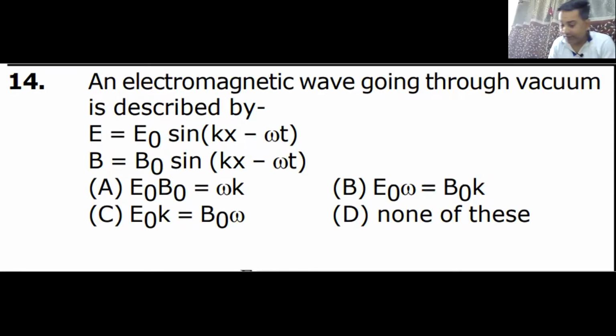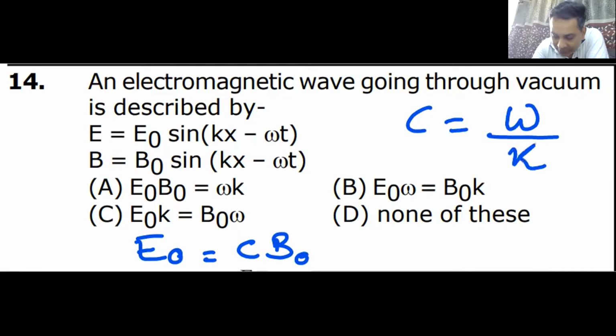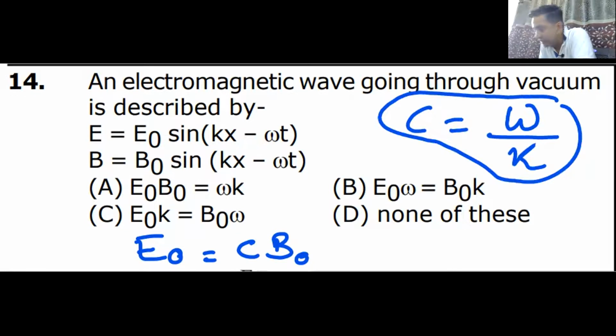Okay, shall I give you a hint? Remember, E naught will be equal to C times B naught. Yes or no? I just told you that. And this C is equal to omega by K. Remember this formula for speed of light.